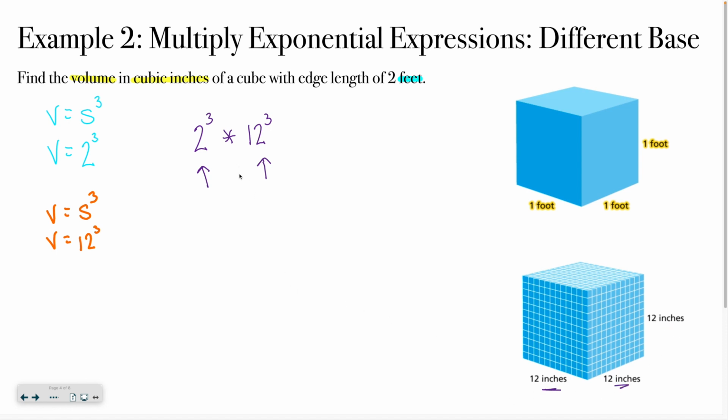Okay, so I'm going to go back just a little bit here. You can see the expression. If I were to break it down, it would be 2 times 2 times 2 times 12 times 12 times 12.